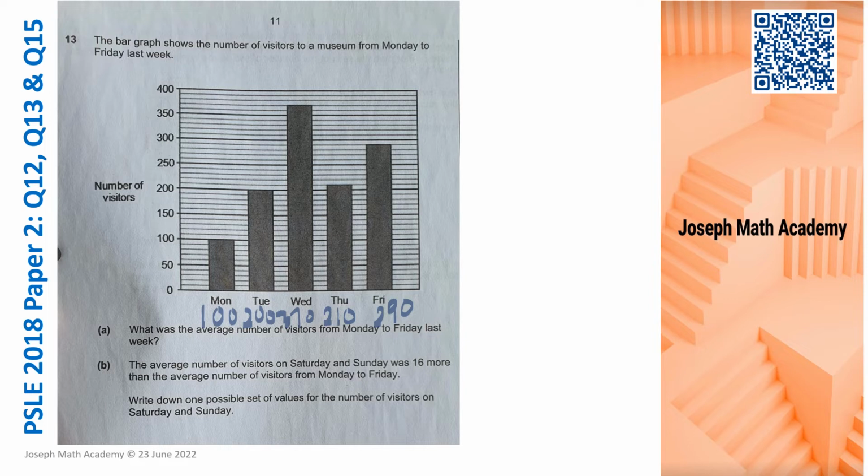Now, to do part A, all we have to do is to find the total from Monday to Friday.